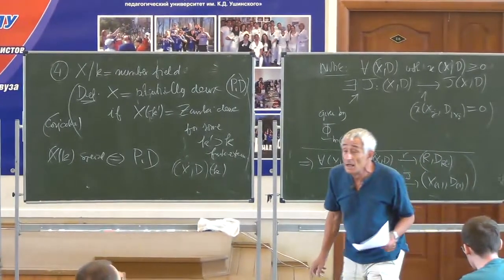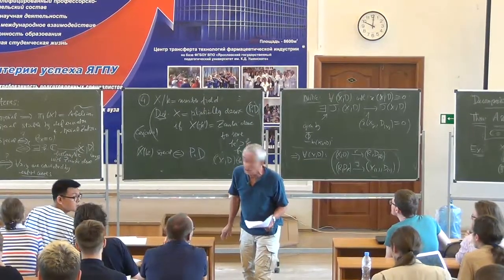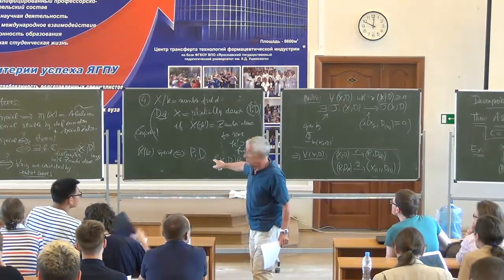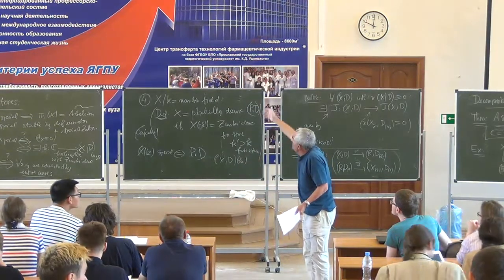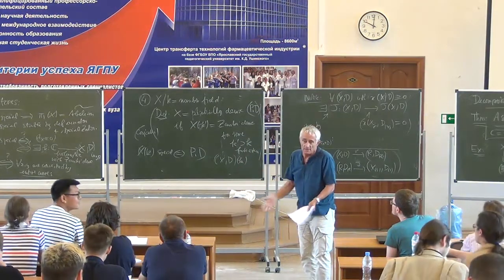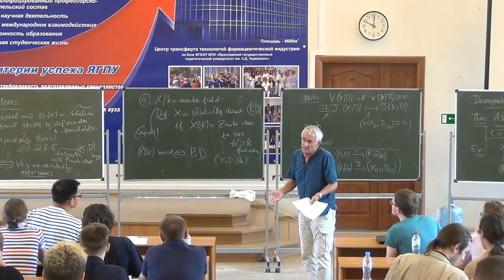A question about the last conjecture. Yes, there are things which are known. For example, if you take abelian varieties, then this is known, but this is easy.